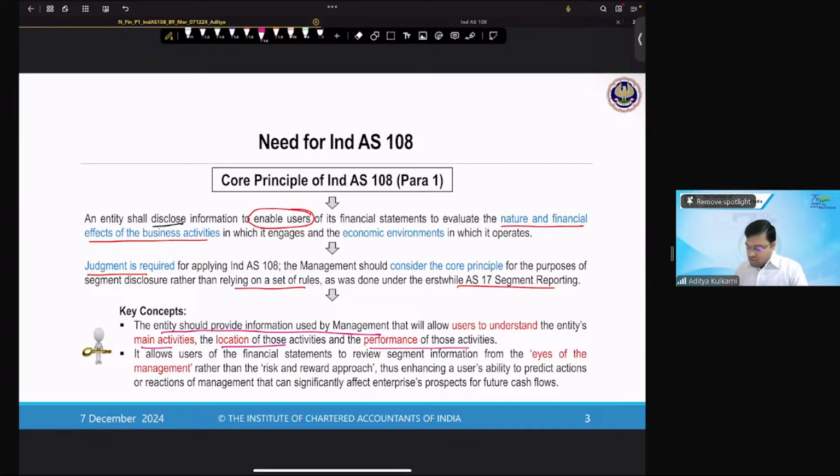It allows users of the financial statements to review the information from the eyes of the management rather than the risk and reward approach, thus enhancing a user's ability to predict actions or reactions of management that can significantly affect an enterprise's prospects for future cash flows.